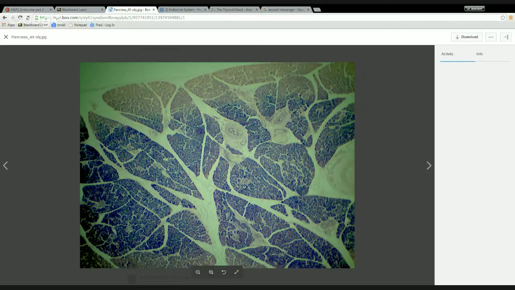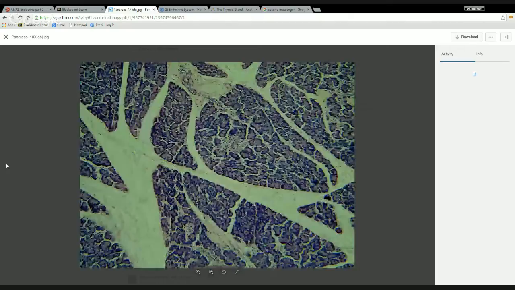So I'm going to zoom in on this little area right here where we see a little lighter region surrounded by a darker region. Those lighter patches that we see in the pancreas are called pancreatic islets. Islet means little island. So it's like little islands floating in a darker sea around them. And as I change to 10x, 40x, I'm zooming in on that one right there.